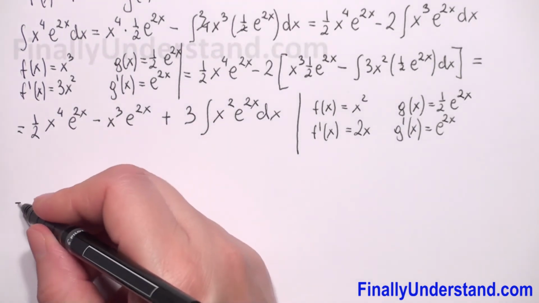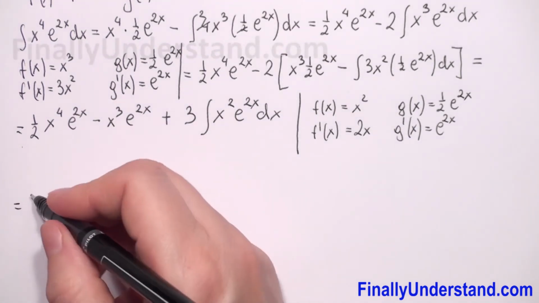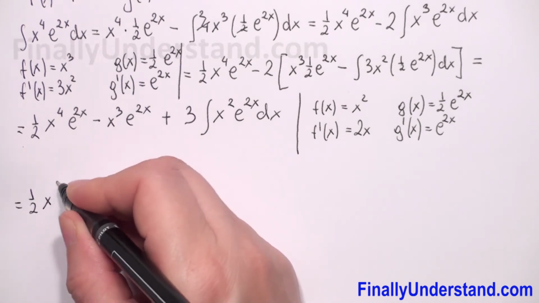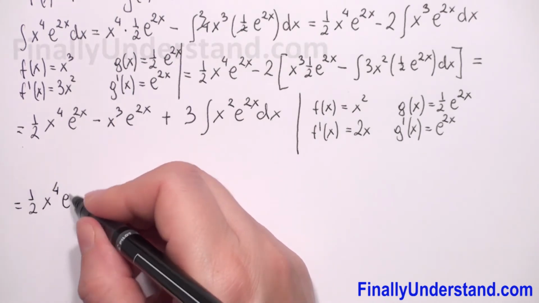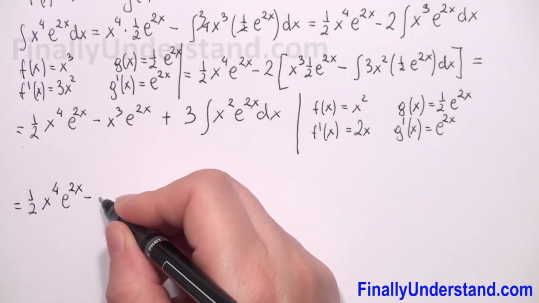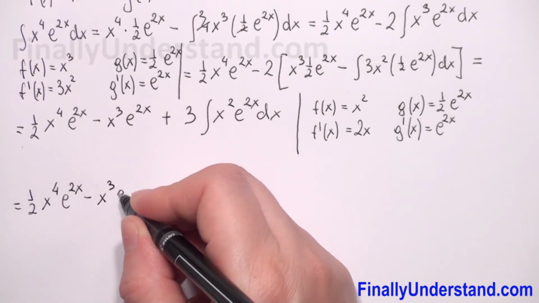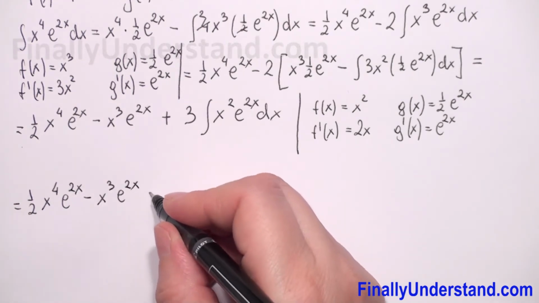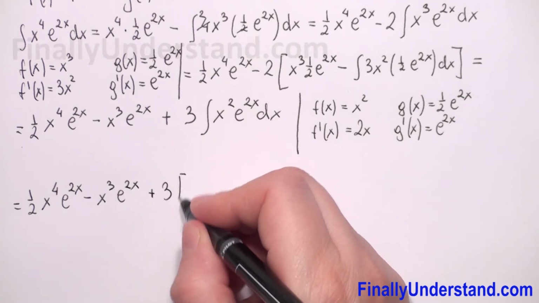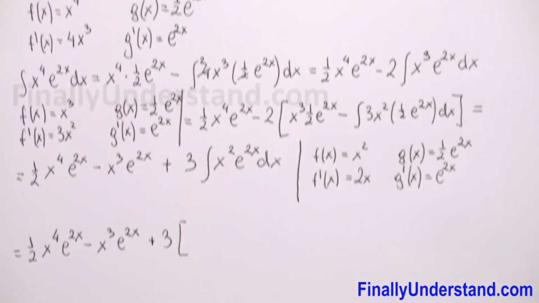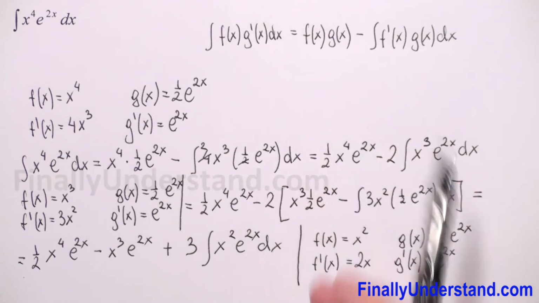So now again we have to copy the beginning. We have 1/2 x to 4th power e to power 2x minus x cube e to power 2x plus 3, and in brackets first we have to put f times g.